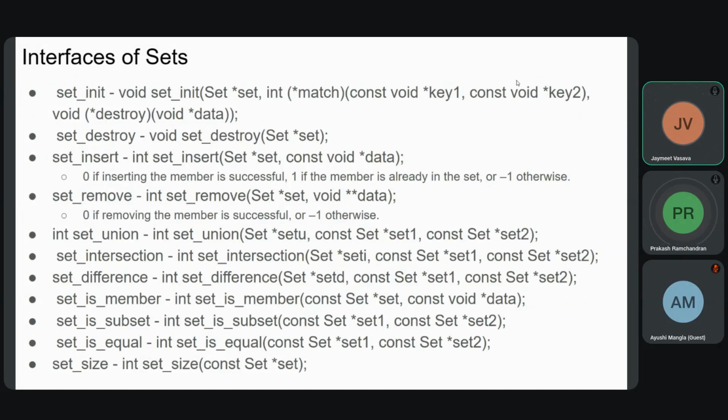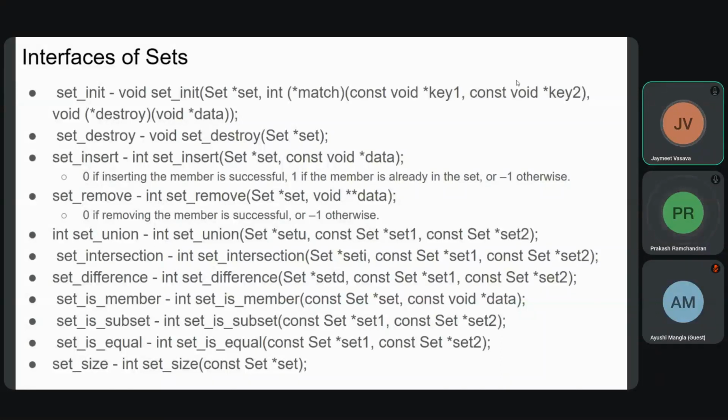Then set destroy is for destroying or deallocating the elements. Then set insert for inserting an element, set remove for removing an element, set union, set intersection, and set difference.